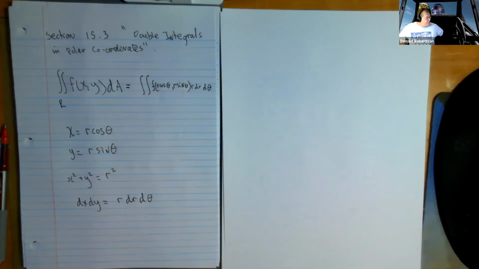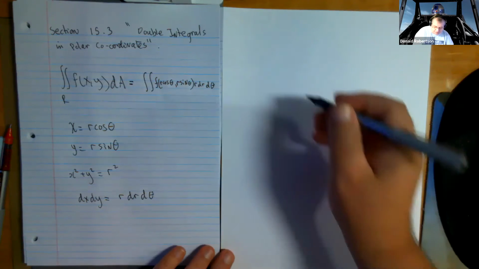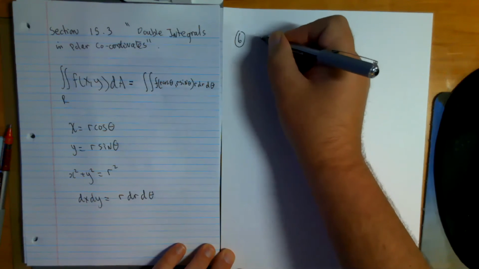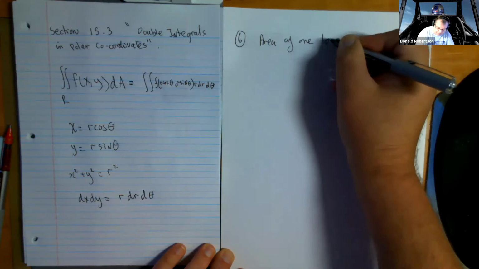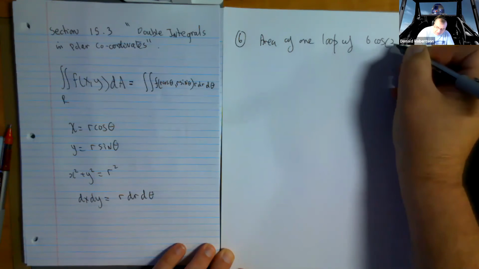Okay, we're now going to do a one-off special case, and this is question 6. We're going to look at the area of one loop of 6 cosine of 3 theta.